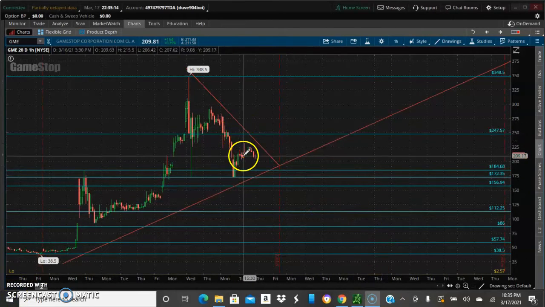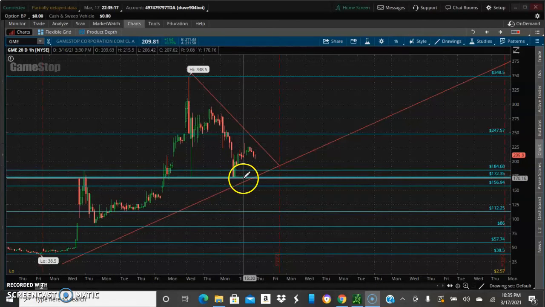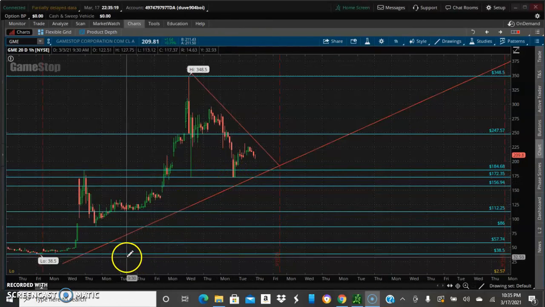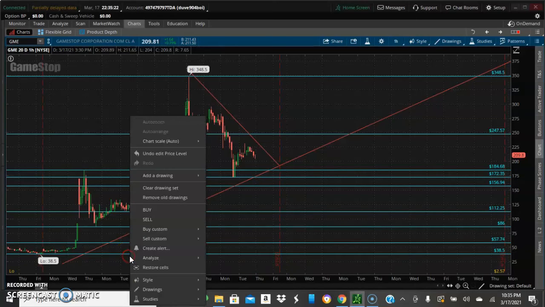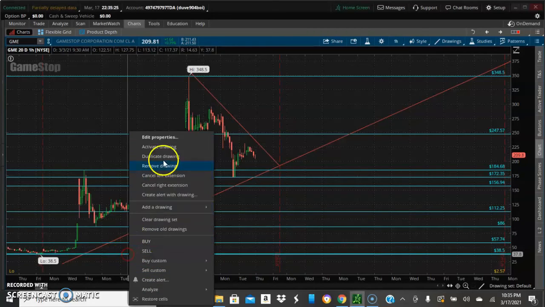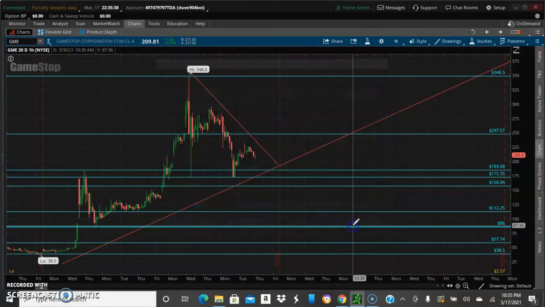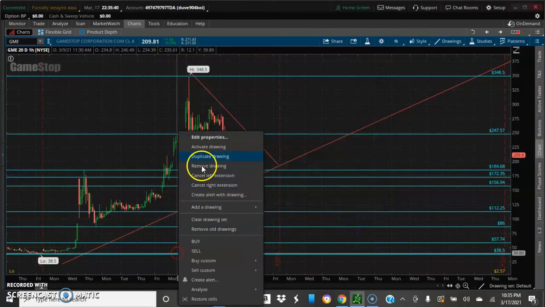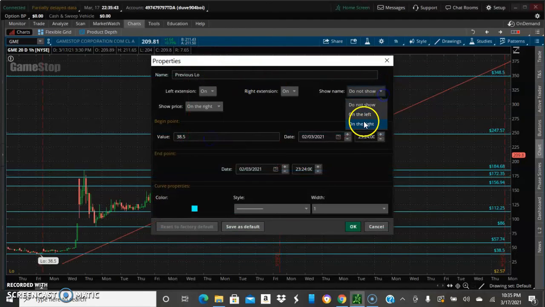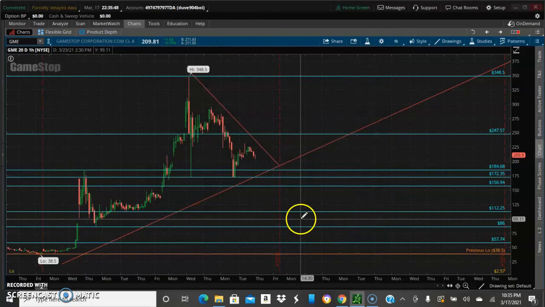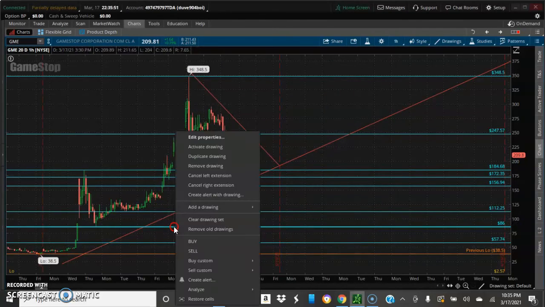So we know this was a previous low. The low was here at 38.50. So we'll do this previous low. That's too early. Let's get this correct. Let's change this back to the color we used before. Orange. Previous low. We got a level of support here.